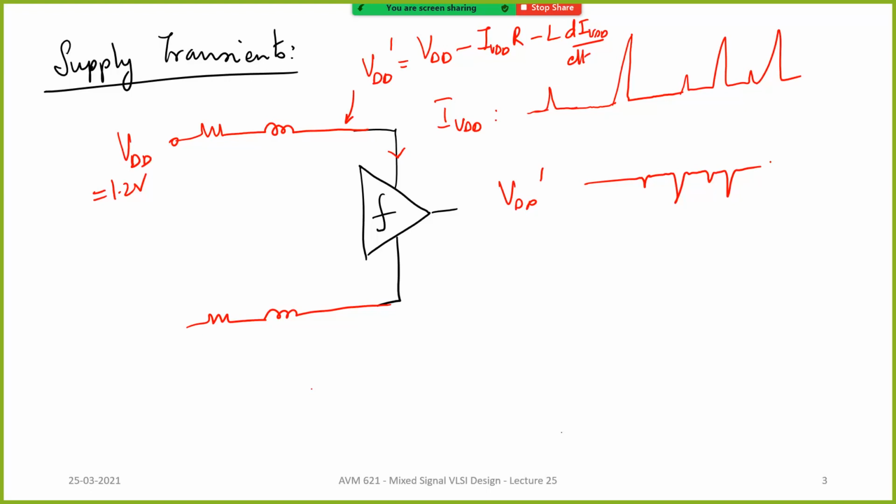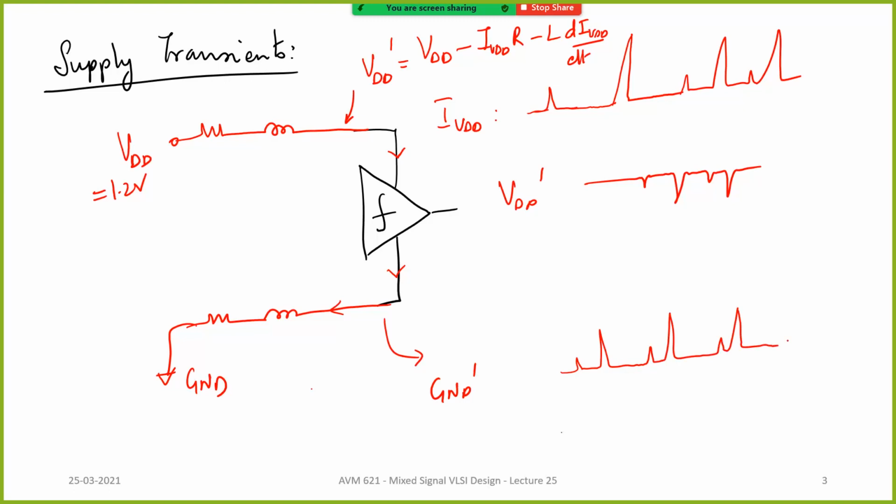Okay, same way, this current whatever is flowing here has to flow through ground, right? So the same current is flowing through this ground line, and therefore this ground line will also be, instead of being 0, let's say this is GND, let me call this GND prime. So instead of being absolutely at 0, you'll have some spiky kind of ground.